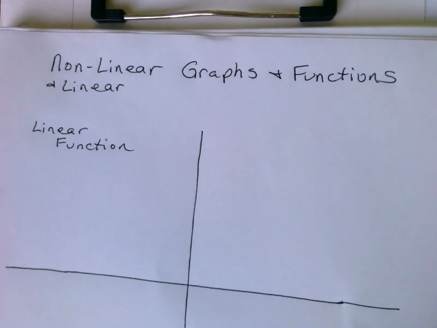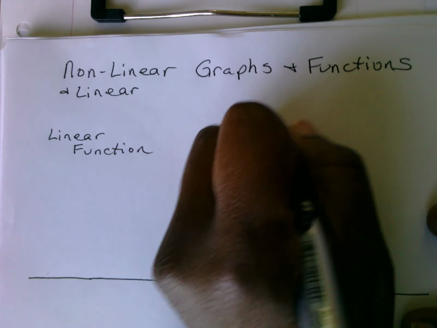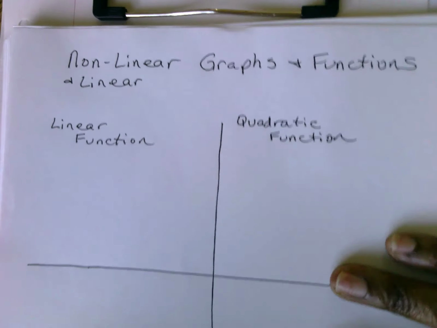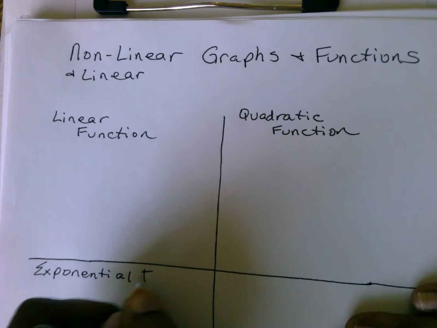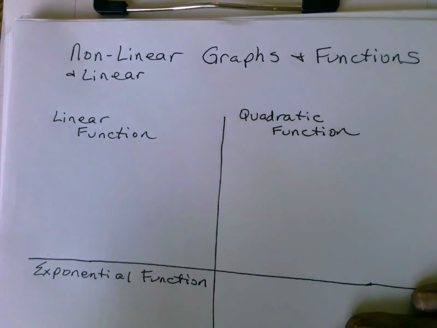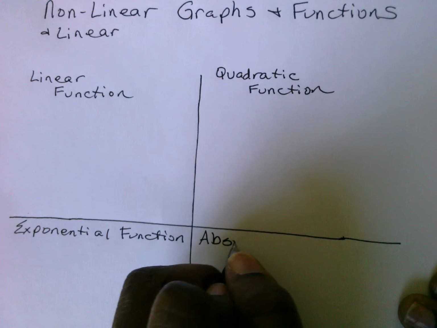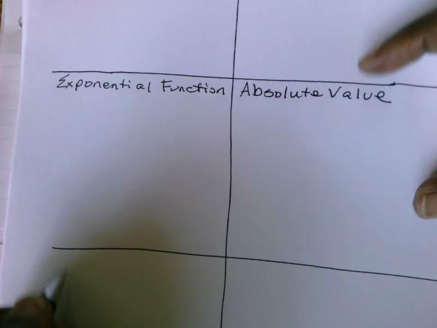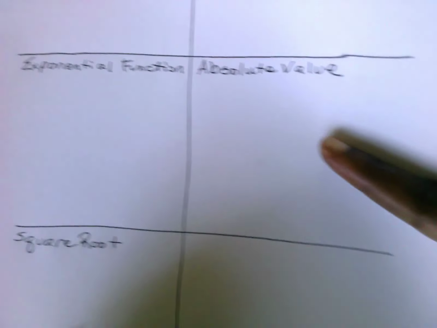The second type of function that we're going to look at is a quadratic function. And we're going to look at exponential, absolute value, square root, and cube root.